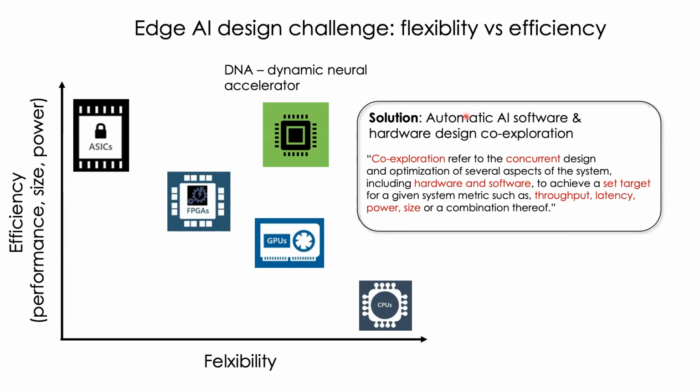The critical point here is automatic, meaning that we would like to use the power of machine learning algorithms themselves to do this kind of co-design process. If we leave it to a completely human design endeavor, that again becomes an extremely large search space that we would have to deal with.